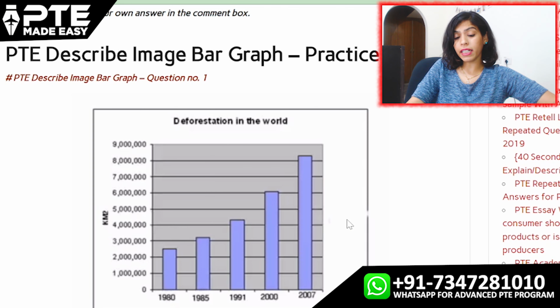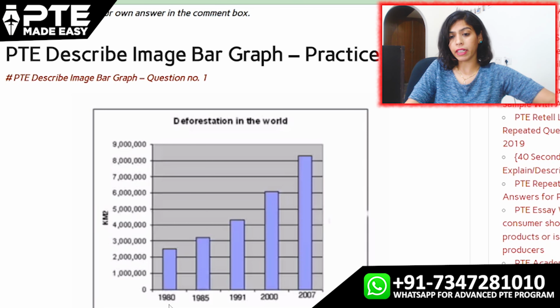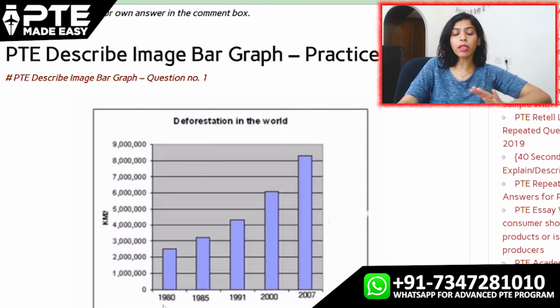It can be clearly seen that the rate at which deforestation was taking place increased drastically from 1980 to 2007, where in 2007 the area that was cleared was around 4 times the rate of 1980. So we can mention it like such, simply understanding the graph, and later on you can answer it the way you wish to. But in the first two lines, simply copy this format.